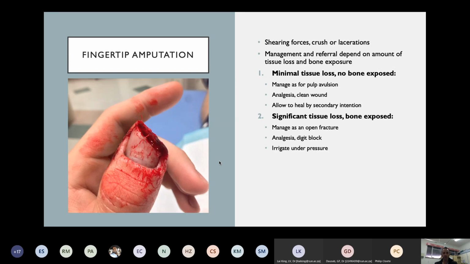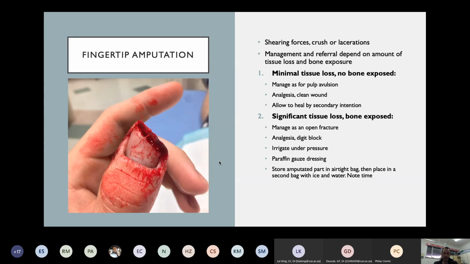So analgesia, give them a digital nerve block, irrigate these under pressure, give them paraffin gauze dressing. If the fingertip is potentially salvageable, you need to put that fingertip or that part into a plastic bag, and then put that plastic bag, once it's sealed, into another plastic bag containing ice and water.